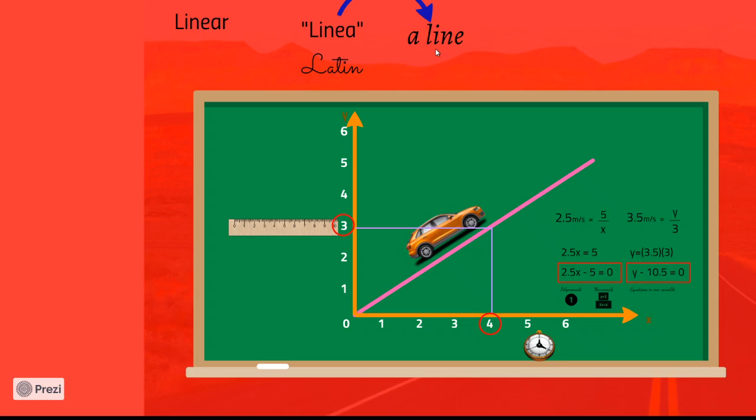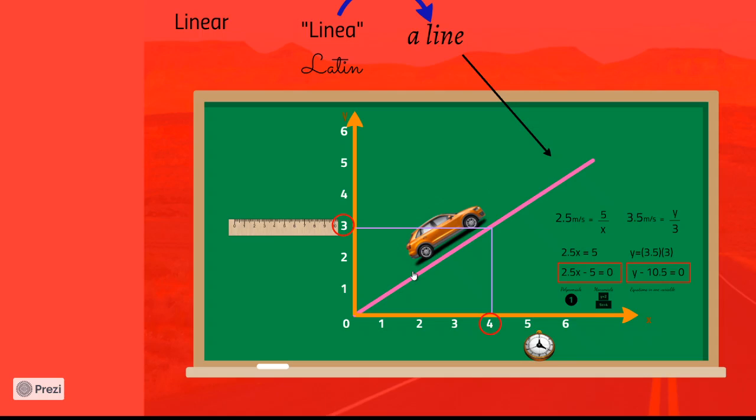Okay, so what does linear mean? Basically a line. Now why are we concerned about this? Because look at this. The pink line that you see is a straight line. It is a line, right? Because it is in a straight line, all graphs which have straight lines like this are called linear graphs.